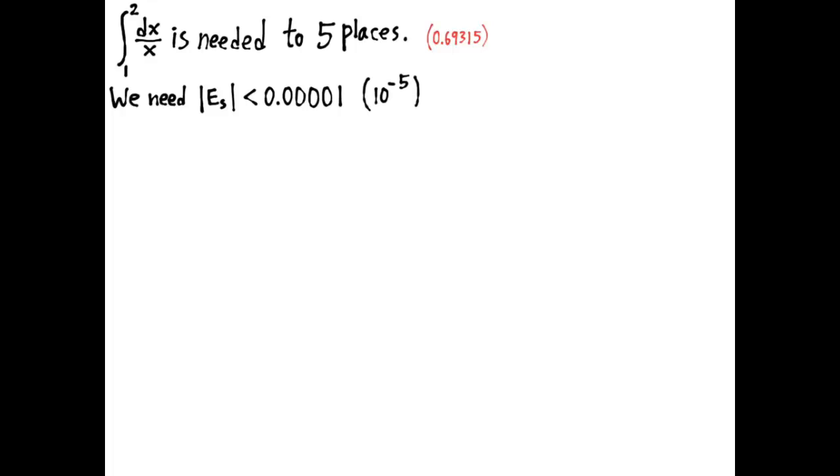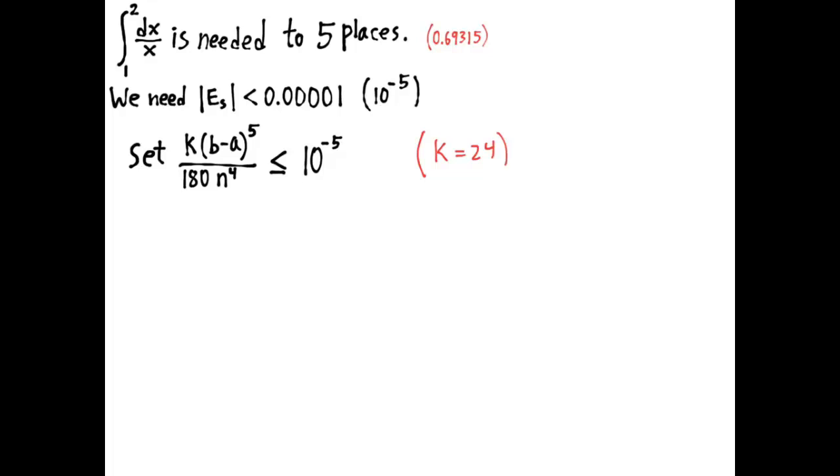And by the way, this is 10 to the negative fifth. So if we want our error to be less than 10 to the negative fifth, we set the upper bound to be less than 10 to the negative fifth. And then by the transitive property of inequalities, we have our error must be less than 10 to the negative fifth. Remember, we know the value of K already. It's 24. We computed that before.